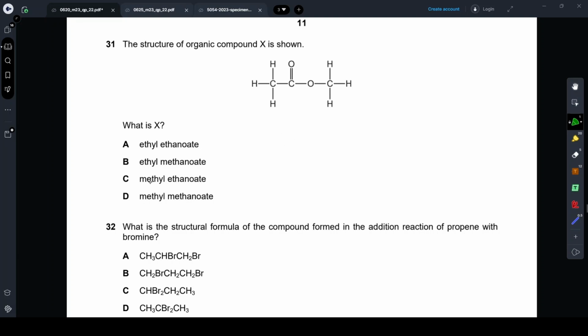I'm going with B. Okay, so the naming is confusing, right? When you're drawing the structure, you draw the acid part first, and the alcohol part second. But when you're naming it, you name the alcohol first and the acid second. So the alcohol is one carbon, that's methyl, and the acid is two carbons, so that's ethanoate. See? Okay?